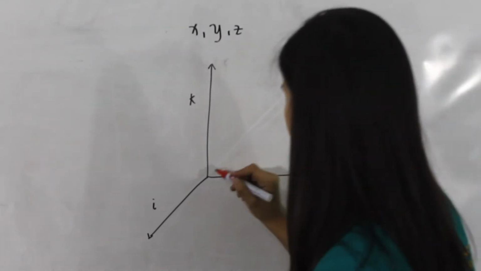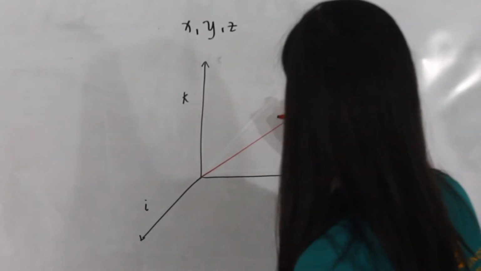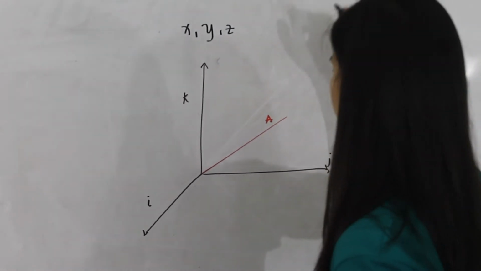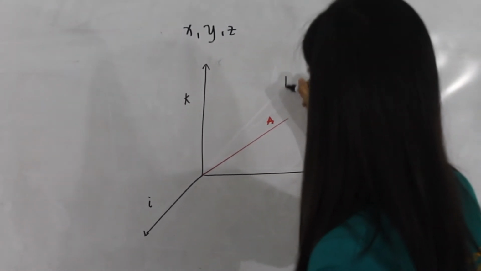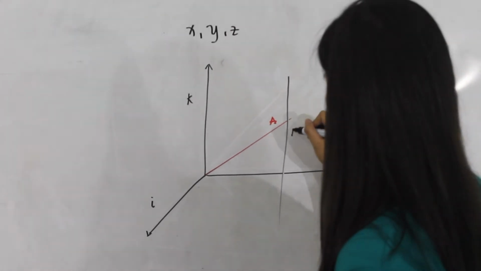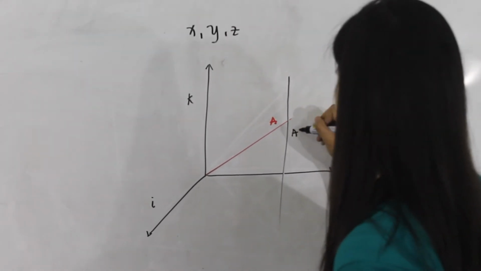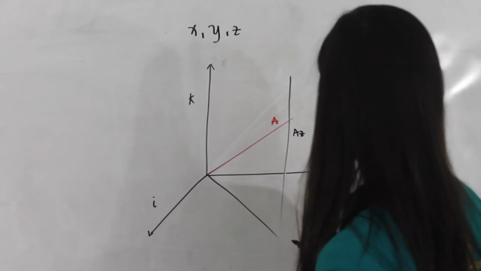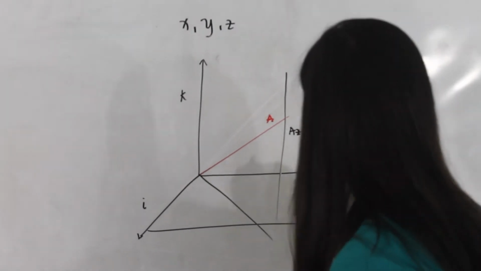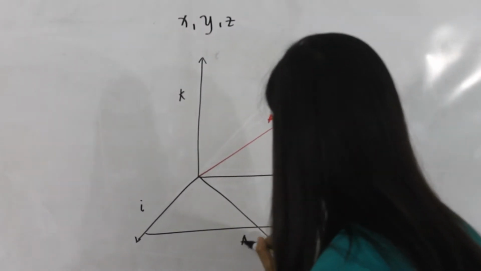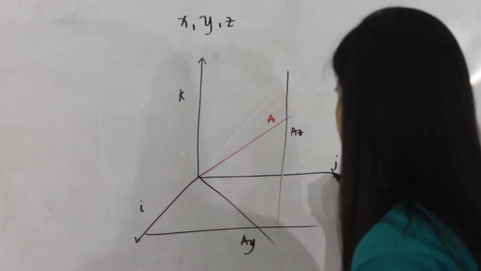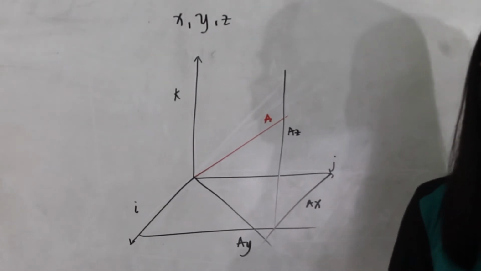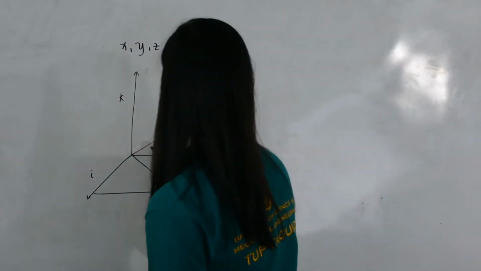And we have the vector A. We get the parallel lines with respect to our vector A: for A sub z, A sub y, and A sub x, with respect to the angle.